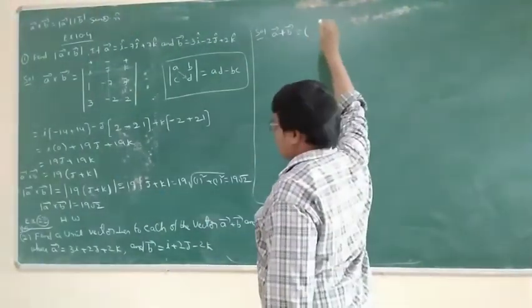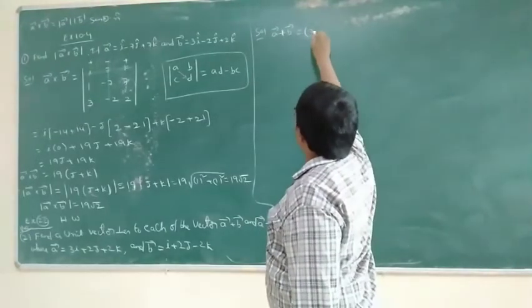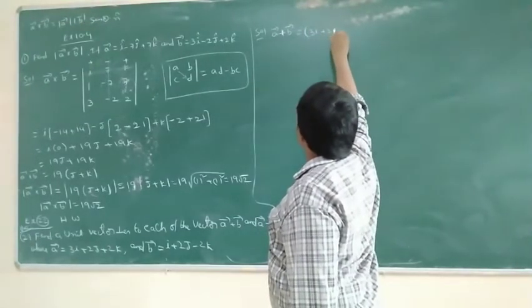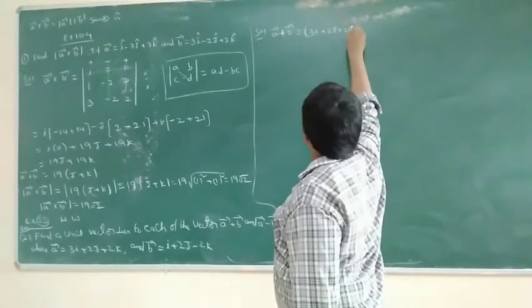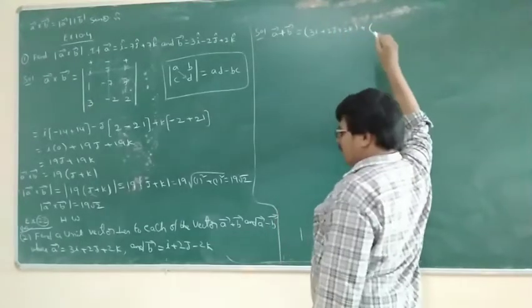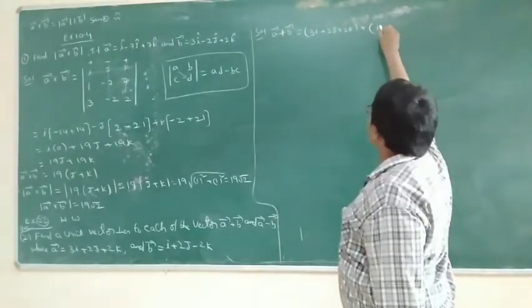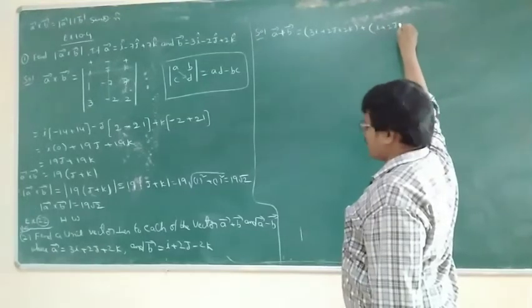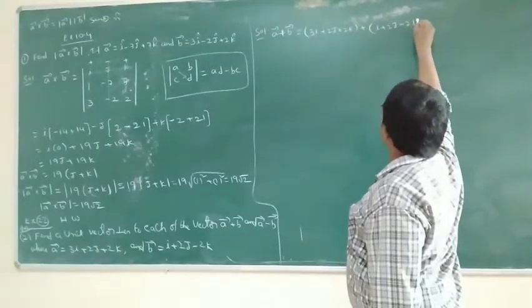a plus b: a bar 3i plus 2j plus 2k plus b bar, which is i plus 2j minus 2k.